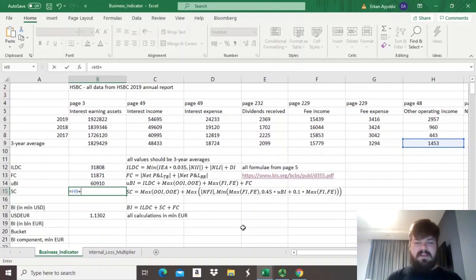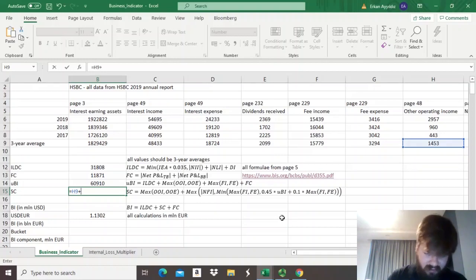So this formula accounts for the fact that if the fee component or the services component would be too high a proportion of the unadjusted business indicator, it would basically shrink the services component and reduce the business indicator proper, so that challenger banks and companies that revolve around fintech and rely a lot on fee income would not be penalized too much in terms of operational risk charges.